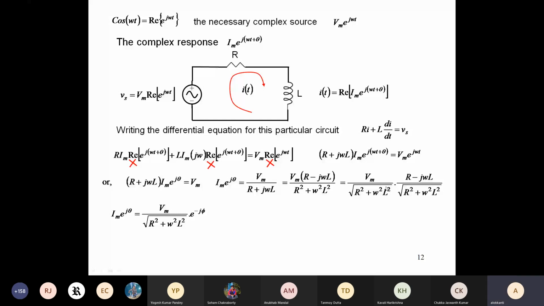What is cos phi equal to? So this is equal to cos phi plus j. Cos phi is equal to R upon root R square plus omega square L square.